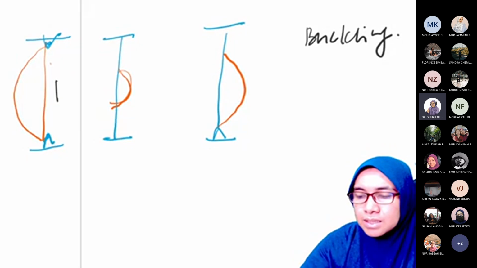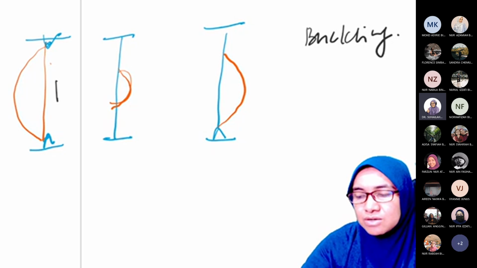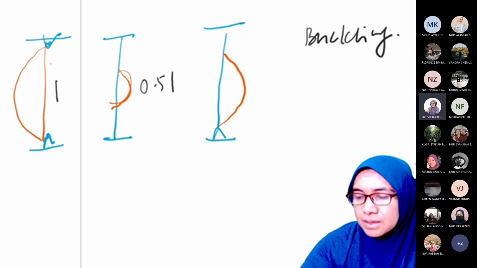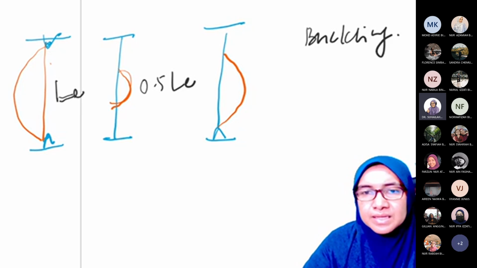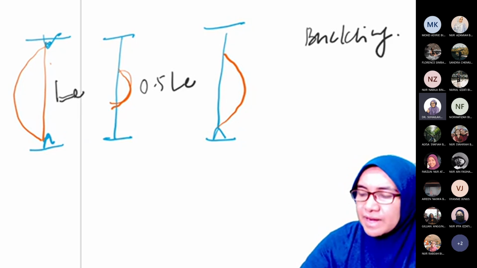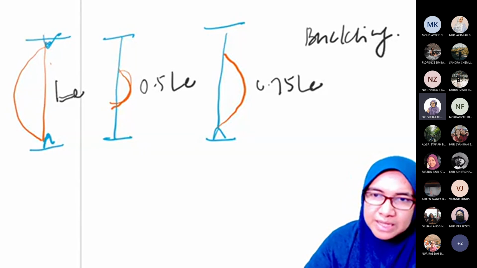Kalau between fix dengan fix dia jadi 0.5 LE. Lepas tu kalau fix dengan pin or fix dengan roller, effective length dia about 0.75. Lepas tu kalau dia satu pin, satu lagi cantilever, so dia jadi dua effective length.